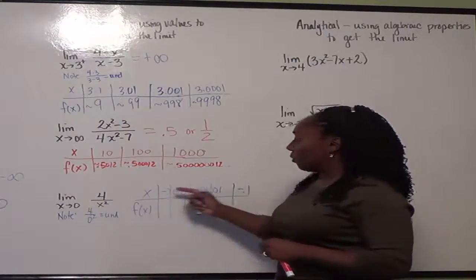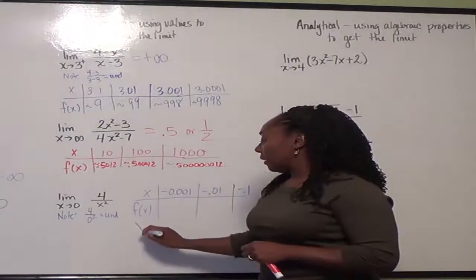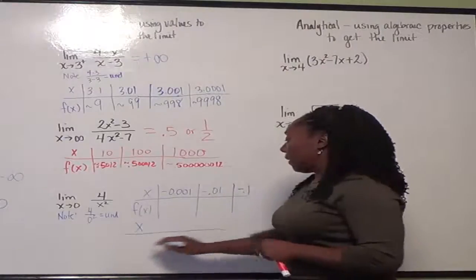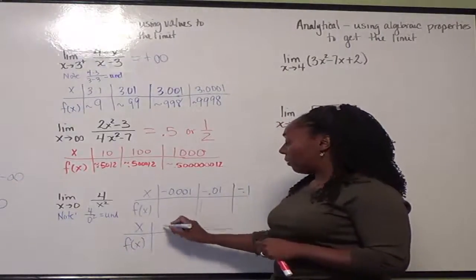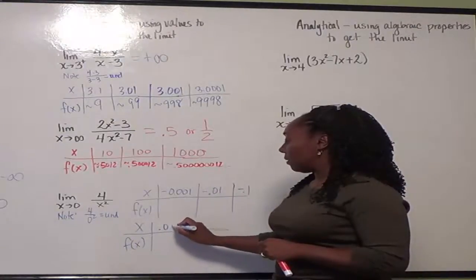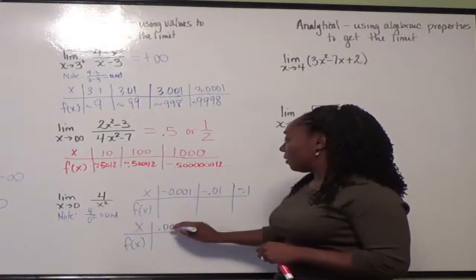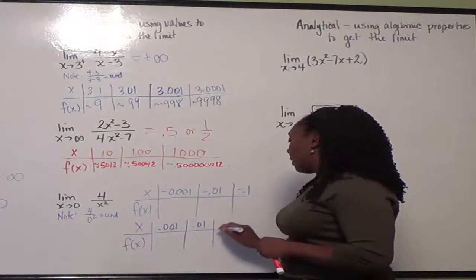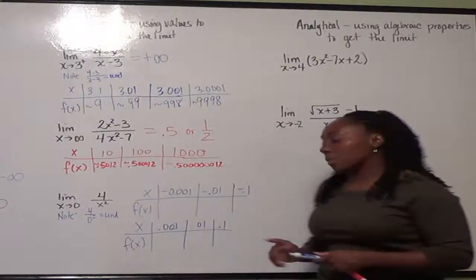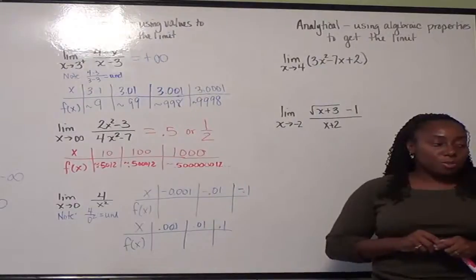Okay, so as I move this direction, I'm getting closer and closer to 0. And likewise, I need to look from the positive side. Okay, so same thing, from the positive side, I can use the same values and see what happens. And again, if I move this direction, I'm going to get closer and closer to 0.